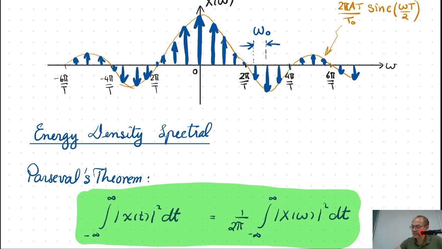The reason I'm putting the absolute signs here is because I have to be careful, because if x is a complex function, then I cannot just square it. I have to square the magnitude of it.